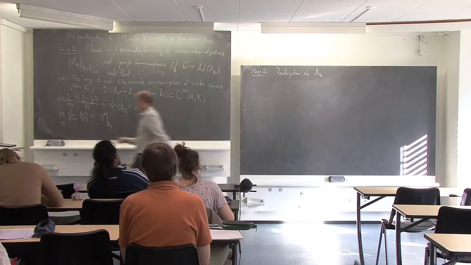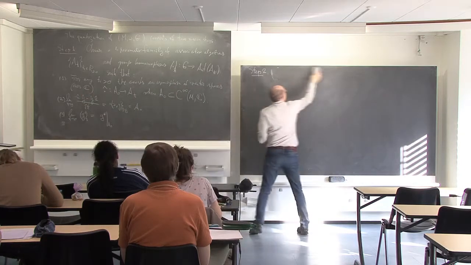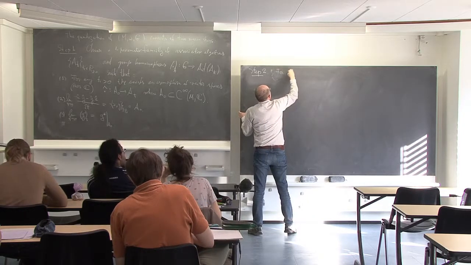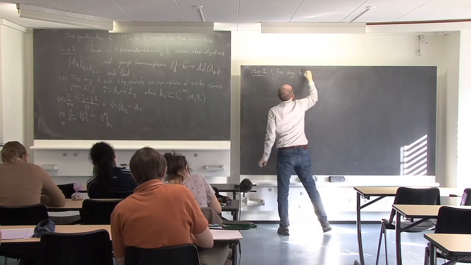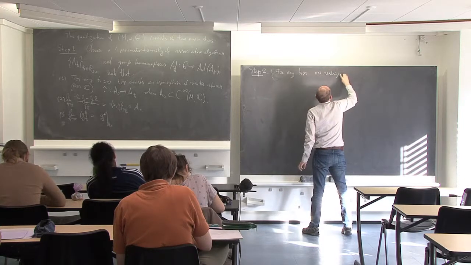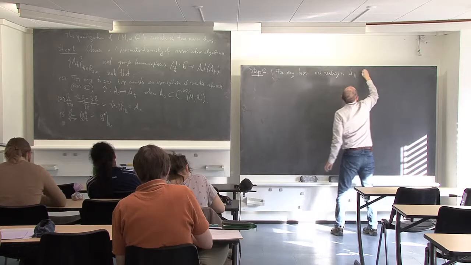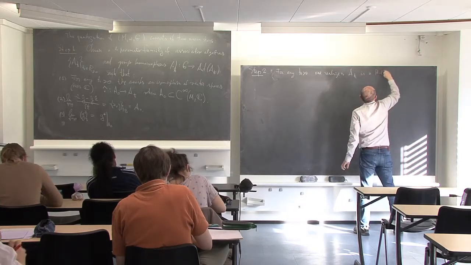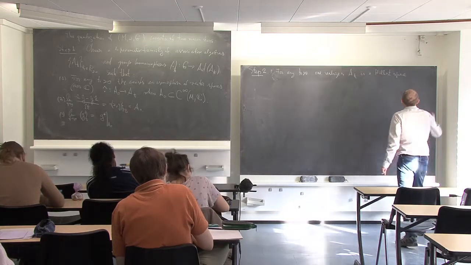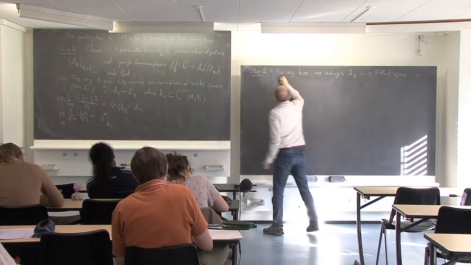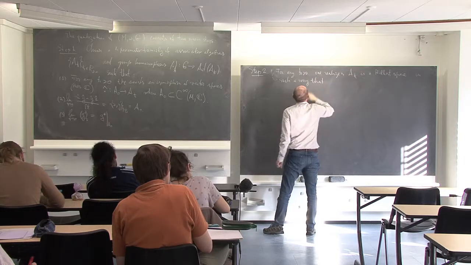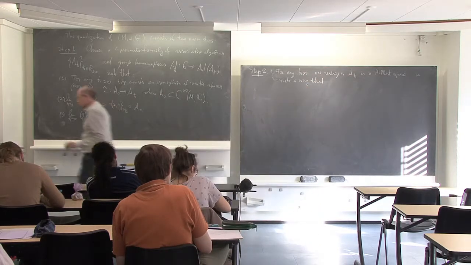Okay, so for any positive H bar, one realizes A sub H bar in a Hilbert space in such a way that, so what are the conditions?